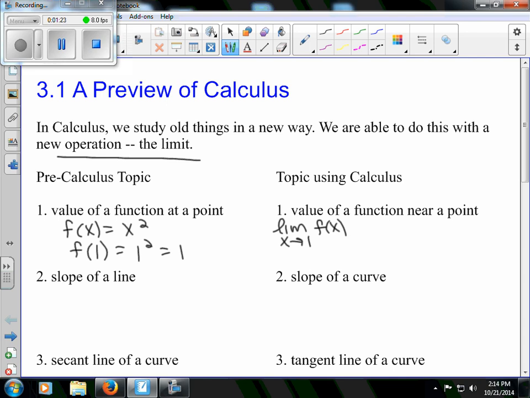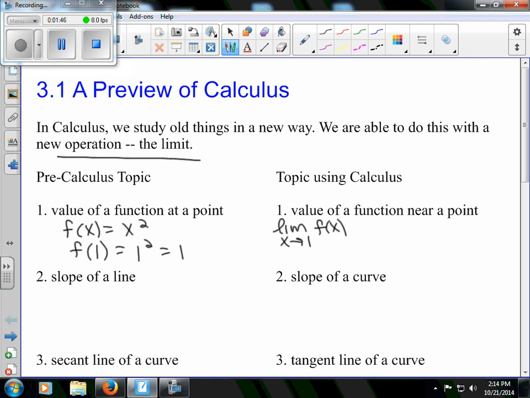And so we'll understand how you evaluate what is the function near x equals 1, but not at x equals 1. Because at x equals 1, we would just plug in like we did over on this side in number 1 in the pre-calculus topic.